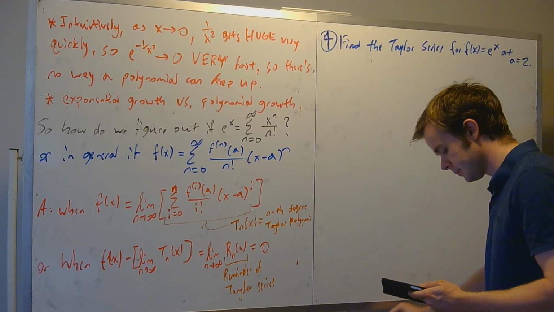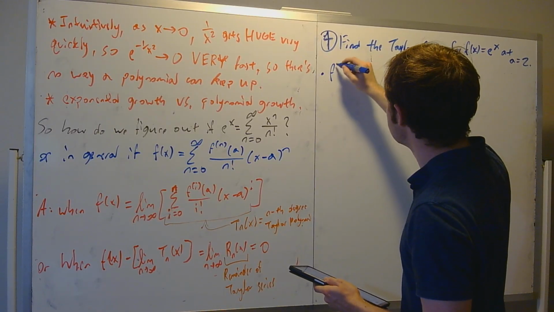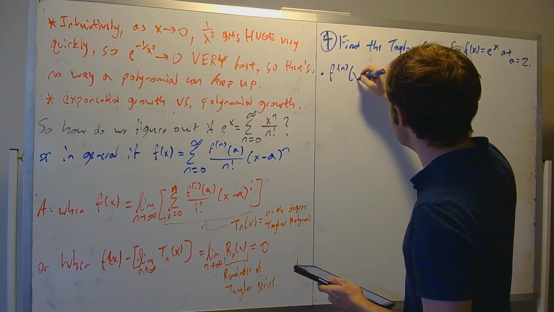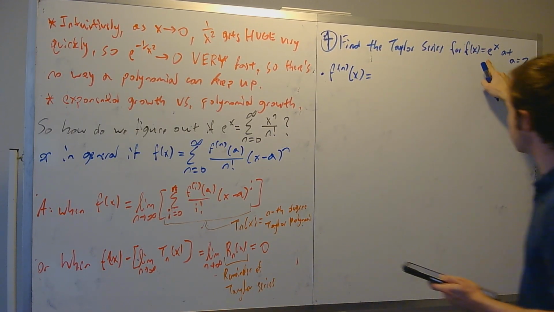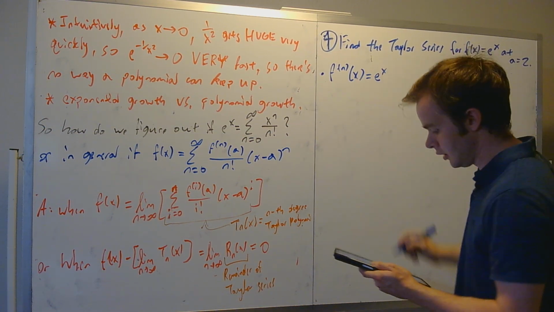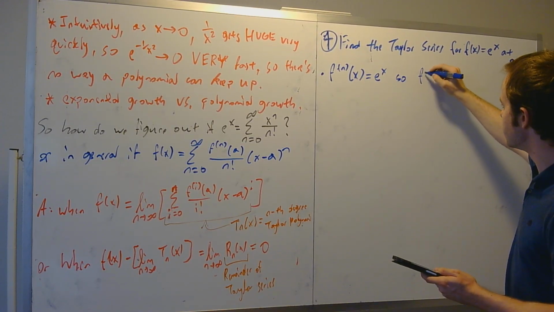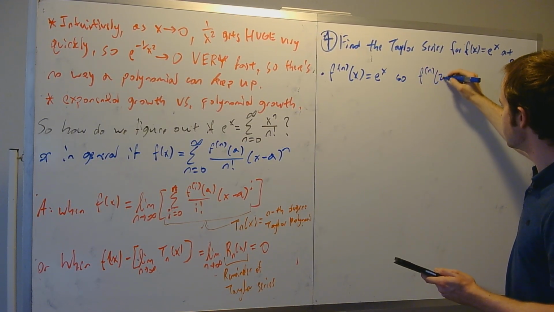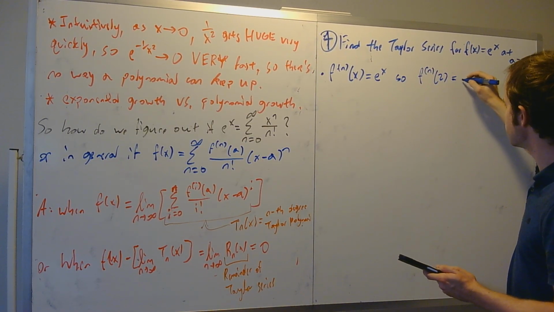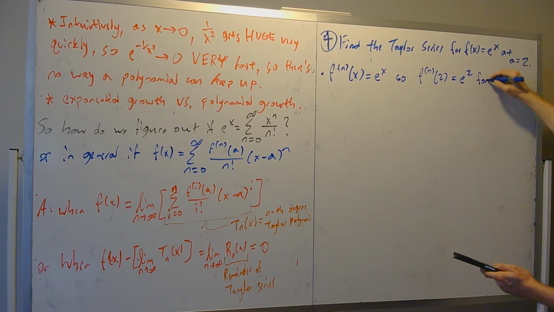So remember here that our function is e to the x, so our nth derivative is still going to be e to the x. If we found the nth derivative evaluated at 2, it's just going to be e squared for all n.